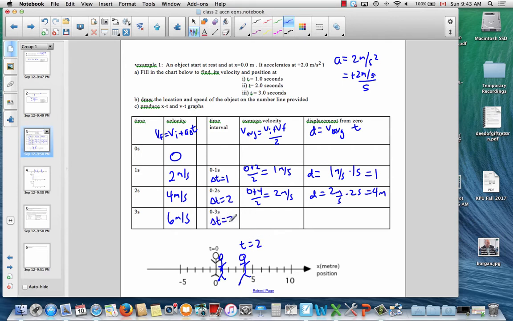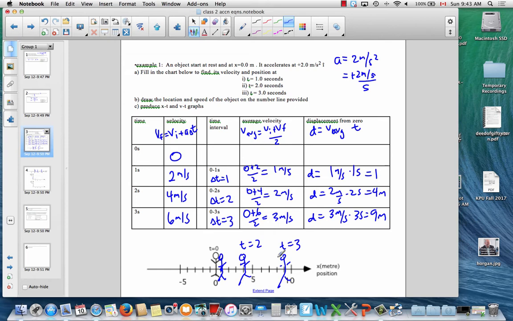Between 0 and 3 seconds, we're averaging these two velocities, 0 and 6. We're going on average 3 meters per second. And so we have traveled 9 meters from the start, so we're now out here at the time of 3.